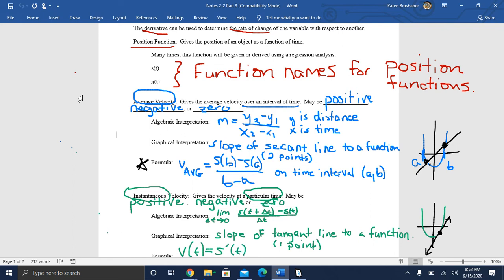So we can actually put that in the algebraic interpretation. I just didn't want you to think you had to do the limit definition, but what I described in that algebraic interpretation is actually s prime of t. It's just that now you can do the power rule and not have to do that limit definition. So the instantaneous velocity is found simply by doing the derivative.